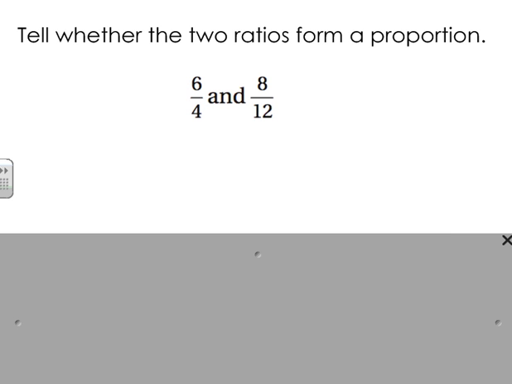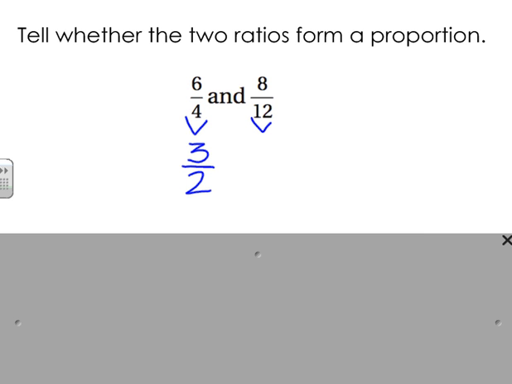All right, some of the homework problems that you're going to have will say, tell whether the two ratios form a proportion. Now, it's basically looking for a yes or no. However, you need to do something to show whether or not they actually form a proportion. If you can, simplify the fractions first. So I'm going to simplify 6/4 down to 3/2.